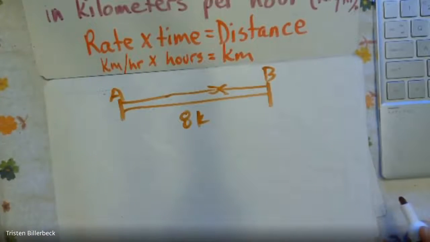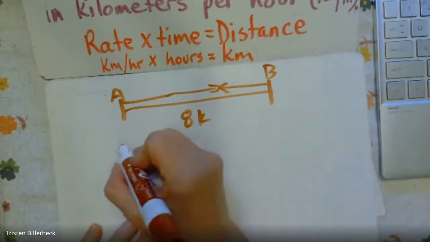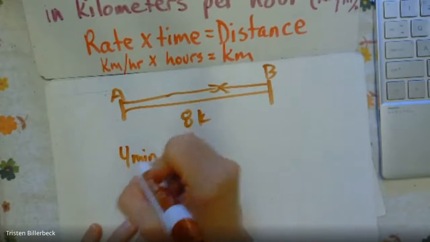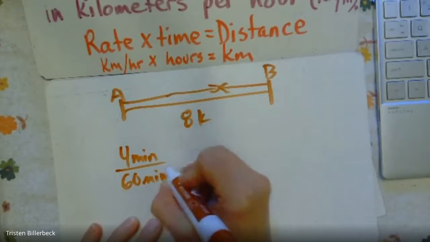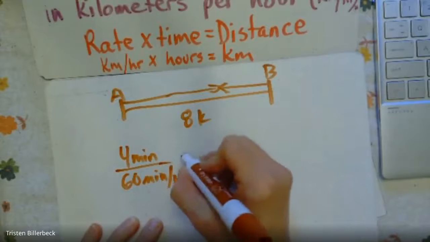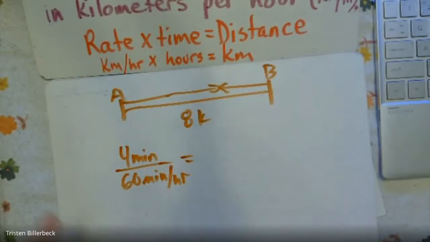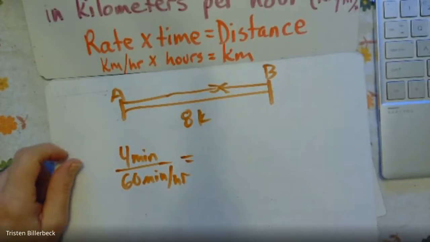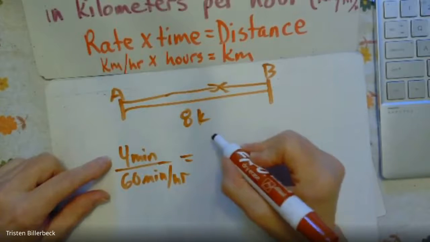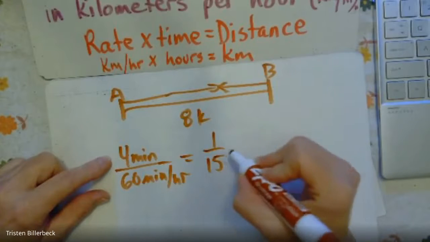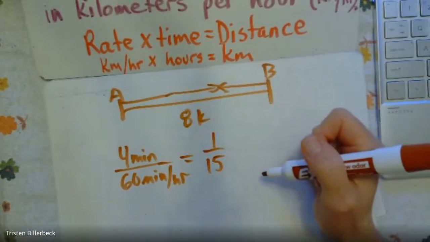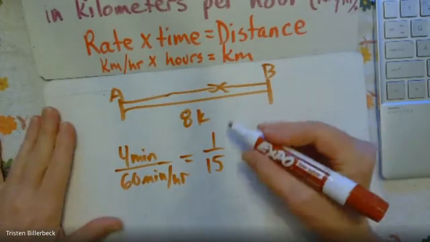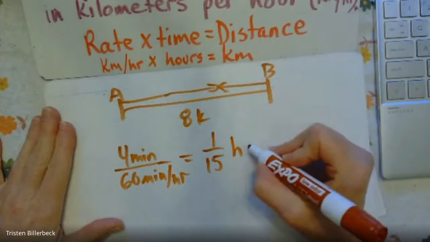All right, so we need to convert 4 minutes to hours. So 4 minutes, and there are 60 minutes in an hour. So now we're going to get everything in terms of hours. So this gives us 1/15 is our conversion for minutes. So this is 1/15 of an hour.